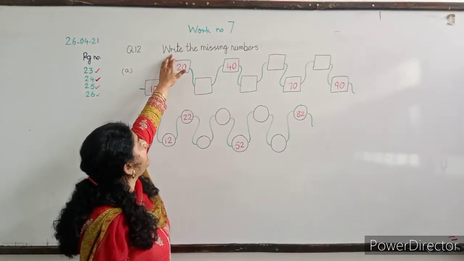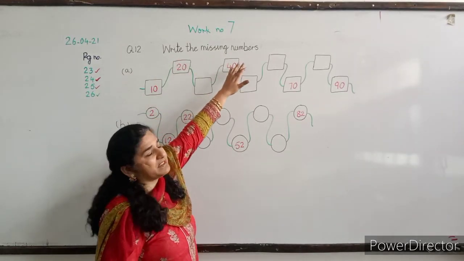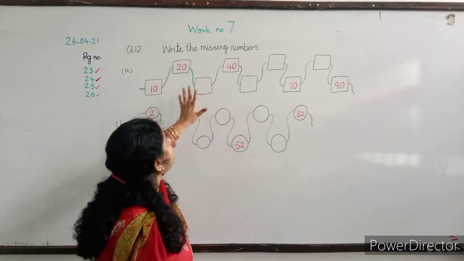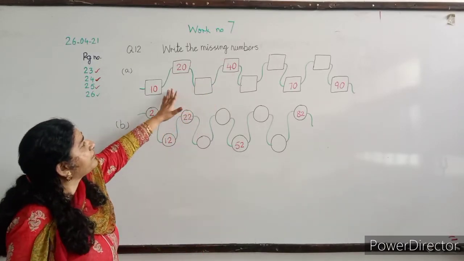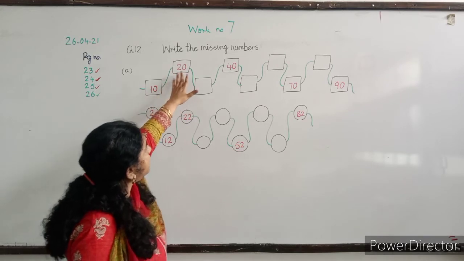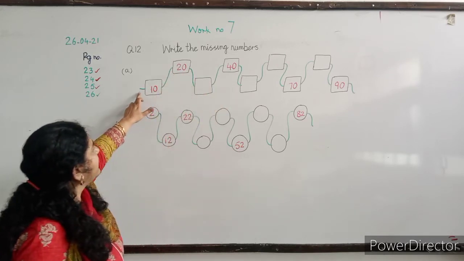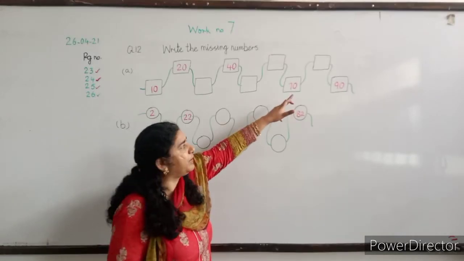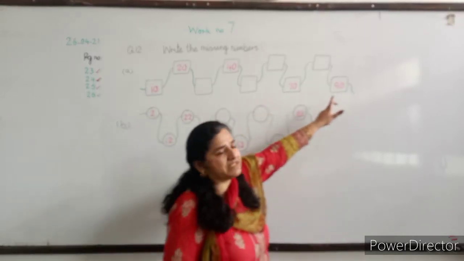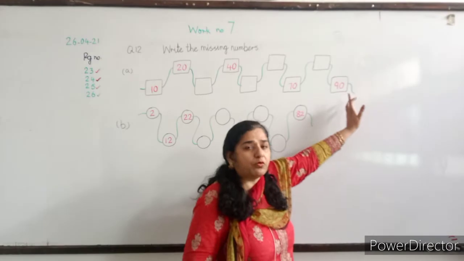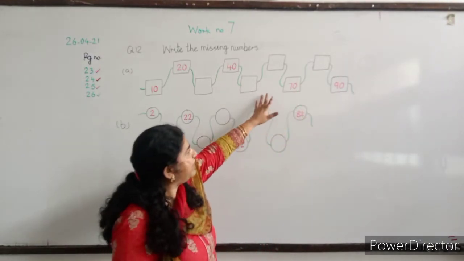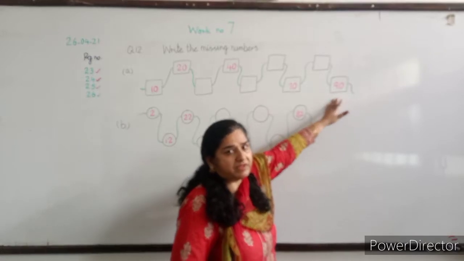So write the missing numbers. What is the question? Write the missing numbers. Okay children, this is the chain of tens. See, it is like a chain and we have to complete it till this number. It will go till many other numbers, but we have to complete it till the given number, right?